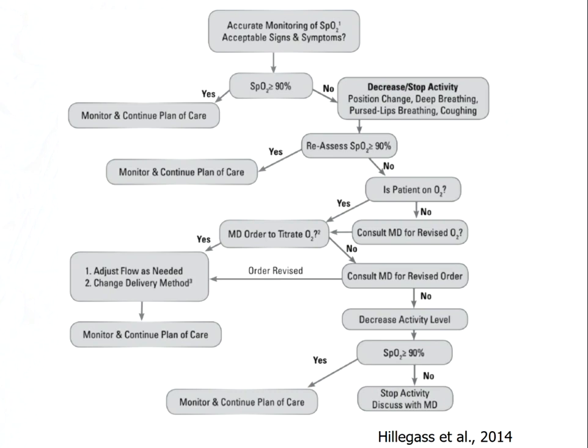So rather than saying oxygen at 2 liters per minute or oxygen at 6 liters per minute, if we have the order written so it's titrated to a certain SpO2, then we are free during physical therapy to adjust it in order to maintain that oxygen saturation level. But we do need that ability, so you just need to check with your facility and see what your orders are.